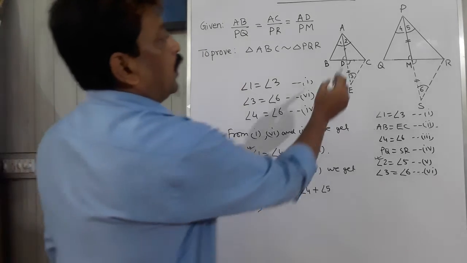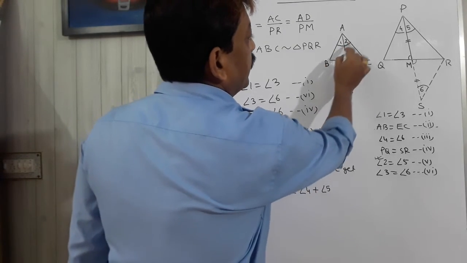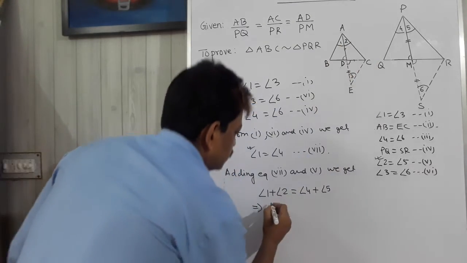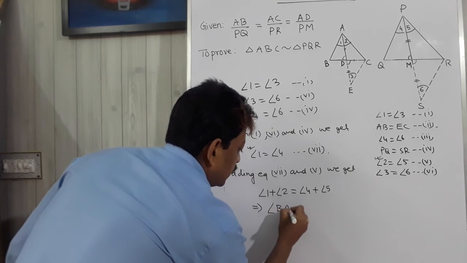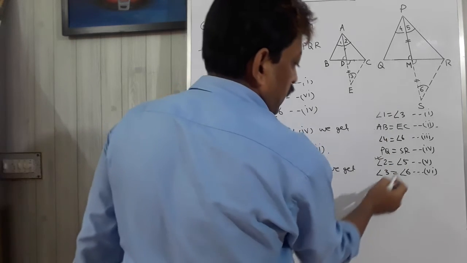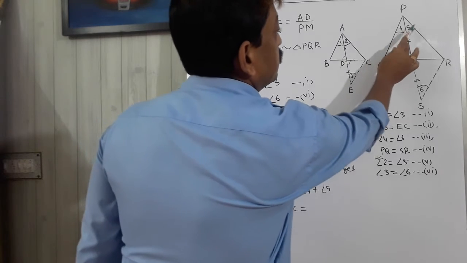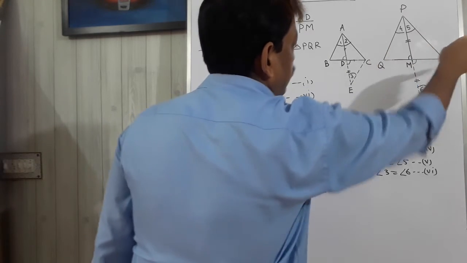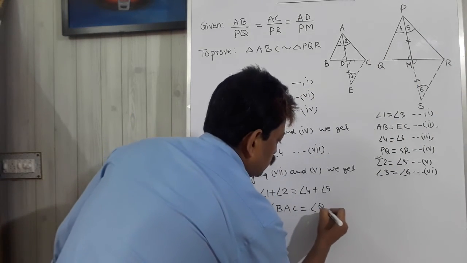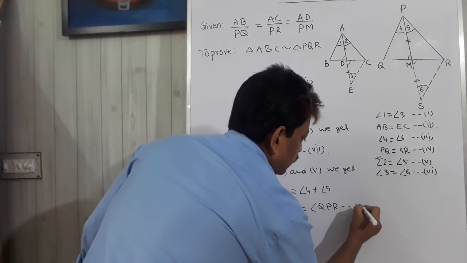Angle 1 plus angle 2 means the whole angle A, that is angle BAC. Angle BAC equals angle 4 plus angle 5, which means angle P, that is angle QPR. This is equation number 8.